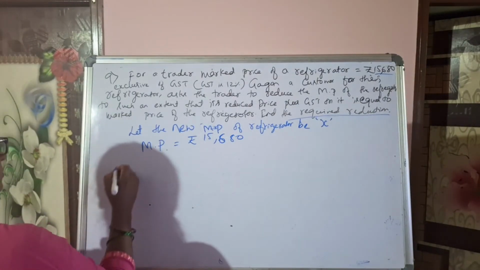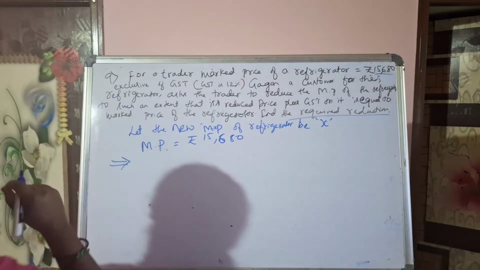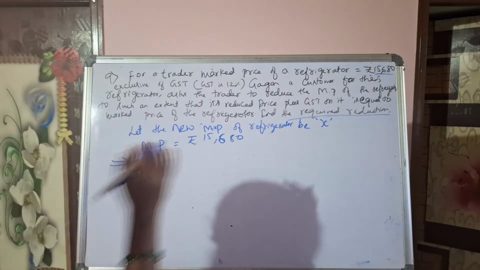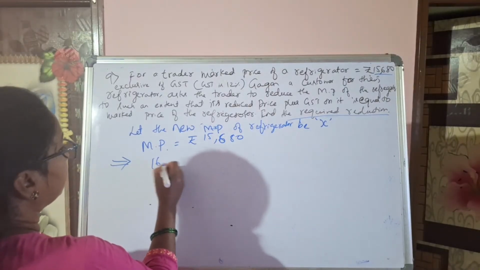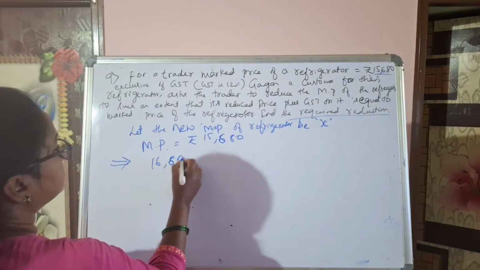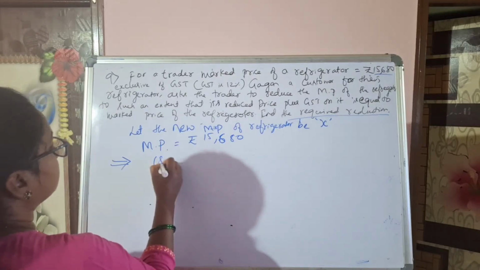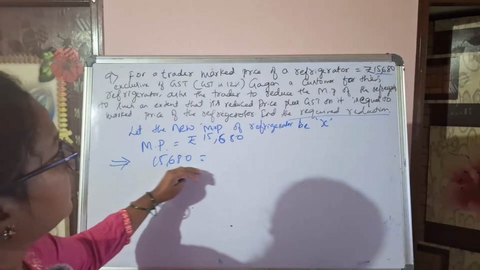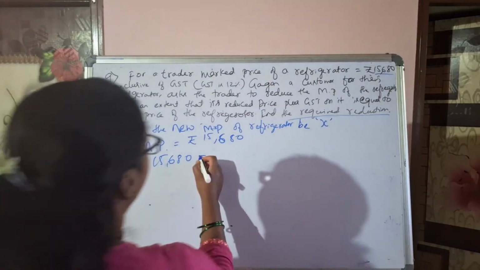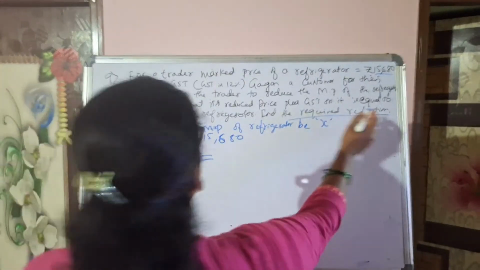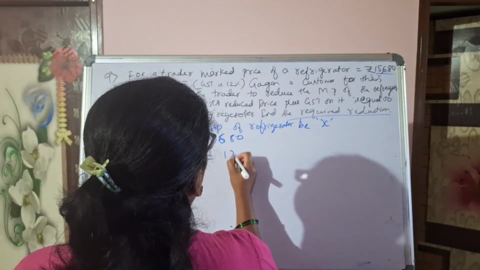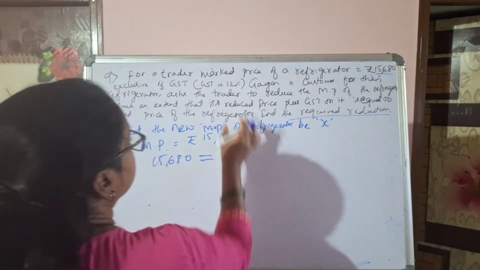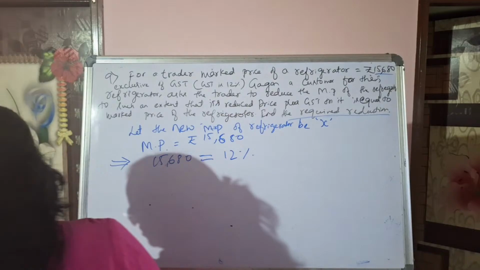So according to the question, the customer asked the trader that the market price of the refrigerator, 15,680, should be equal to the reduced price inclusive of GST.